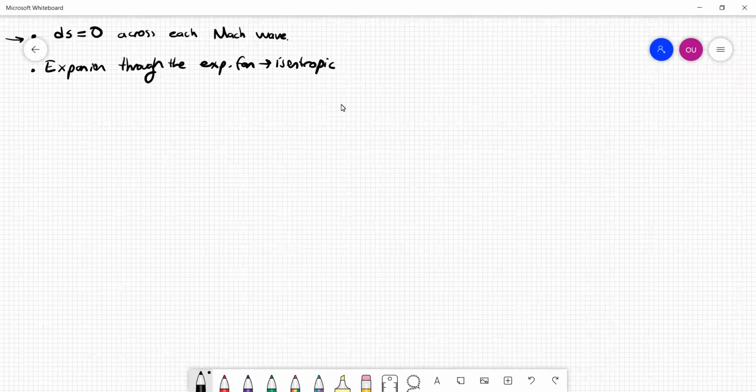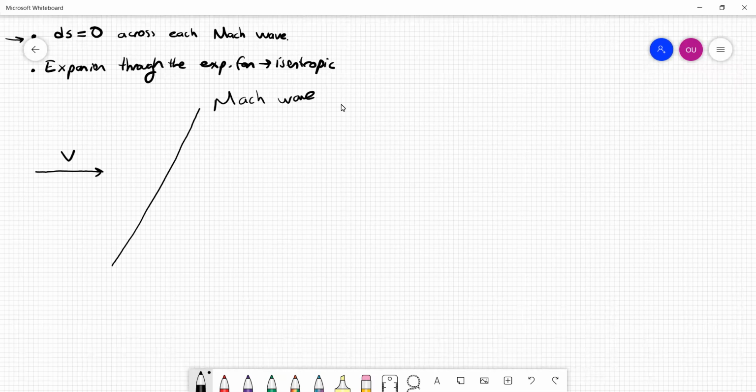Okay. Thank you hocam. So, since the expansion fan is composed of a series of Mach waves, we will concentrate first on a single Mach wave sitting at an angle to an incoming flow field. So some velocity is incoming.